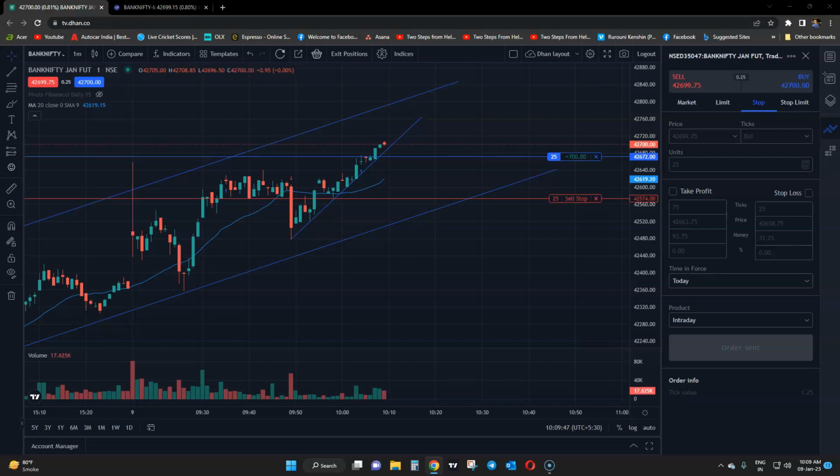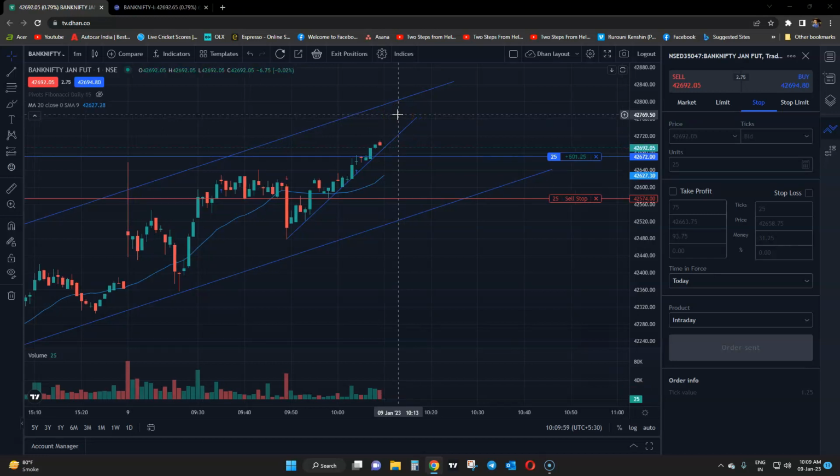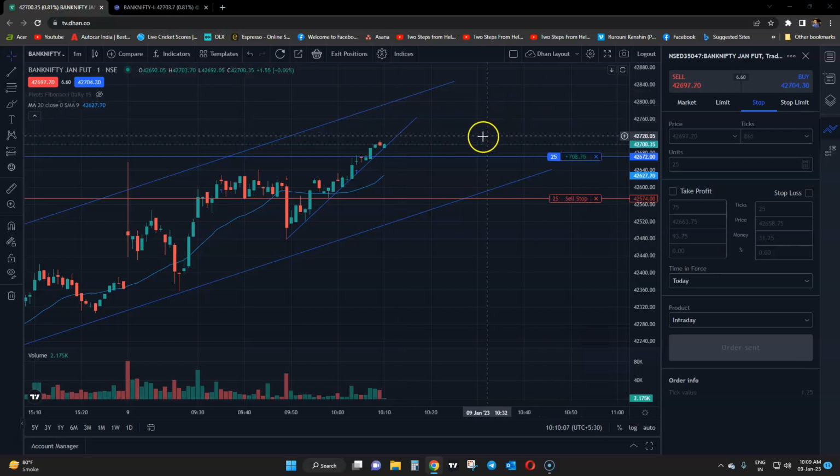You're targeting 42759. So this is what we're targeting, at least for the first measured move up. I don't know when this is going to be possible, but this is what we're looking at. Here. 42761.